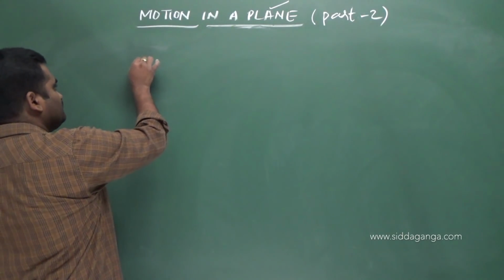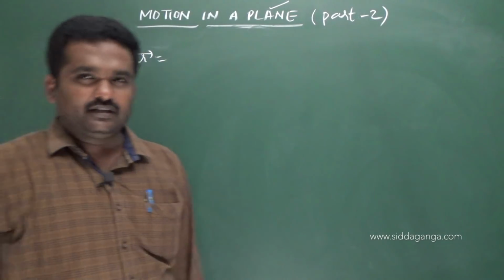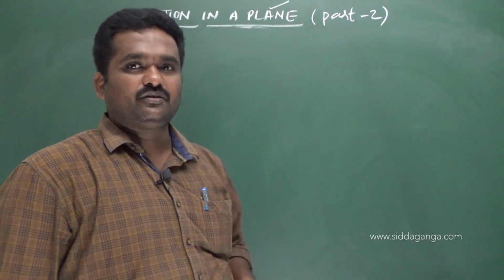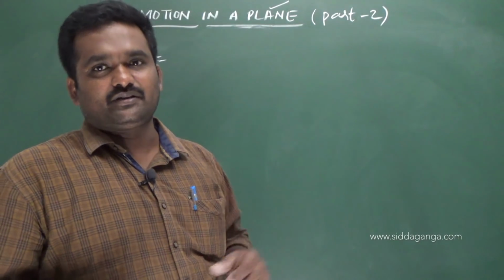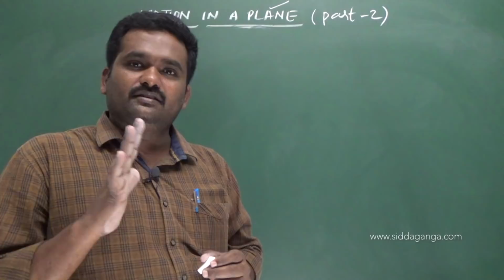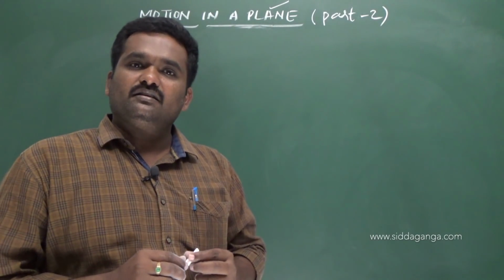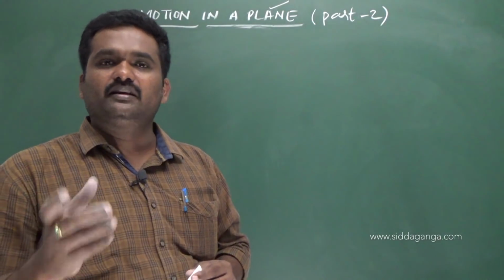They have given the position vector of the particle as some r bar equals, see, variable it is, like it is not moving under uniform acceleration. I'll just come to non-uniform. Uniform acceleration means the equations which I have given, those we can make use of. Non-uniform acceleration means what? Change in velocity will not be equal in equal intervals of time.